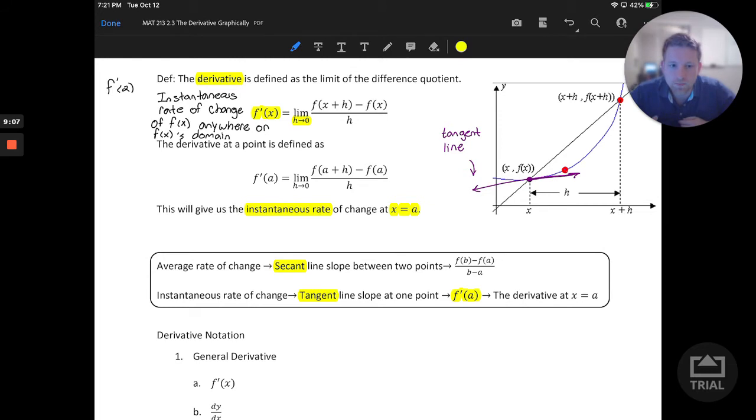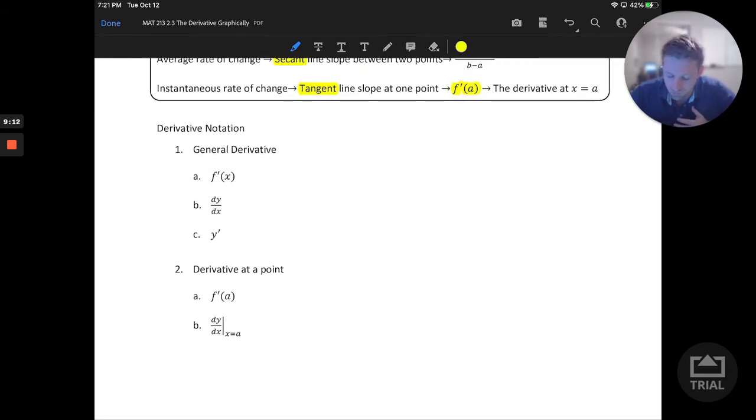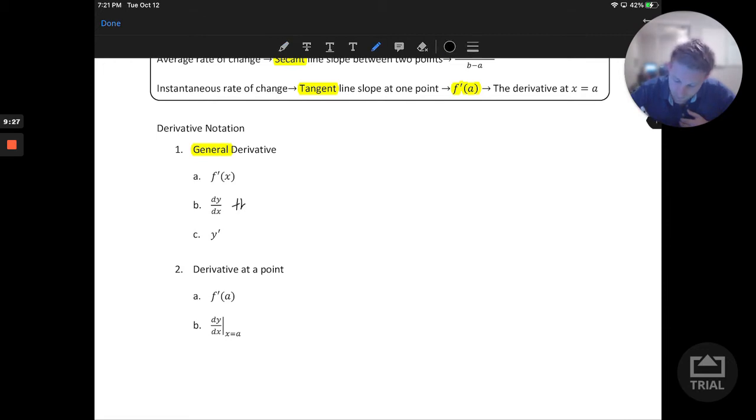A little bit more notation that we could take a look at is the derivative notation. We have some general derivative notation. We could call this f prime of x, and then our d notation, dy dx, the derivative of the y function with respect to x. And then we also have the notation of just y prime.